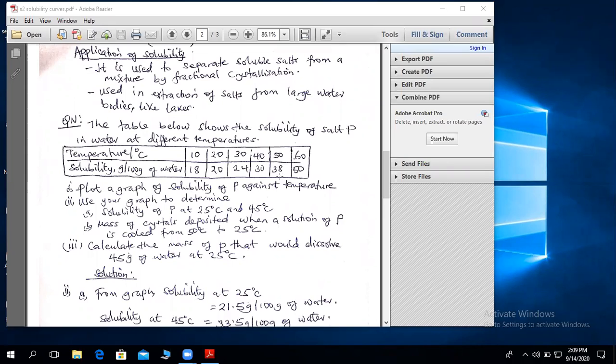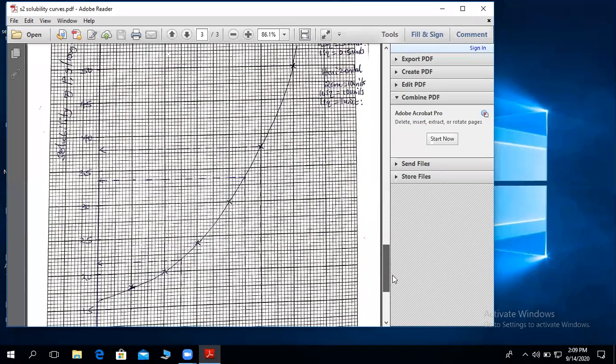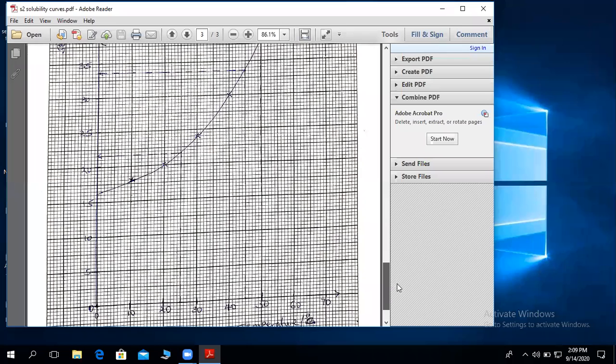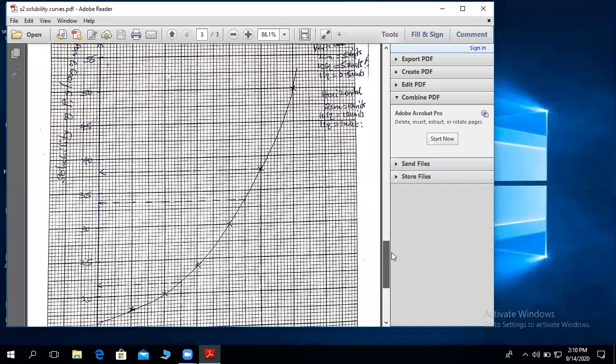So what comes first is the one on the y-axis. Solubility is on the y-axis, then temperature is on the x-axis.